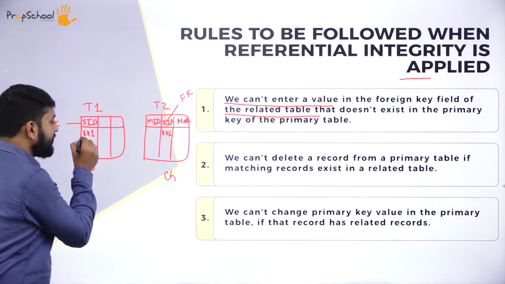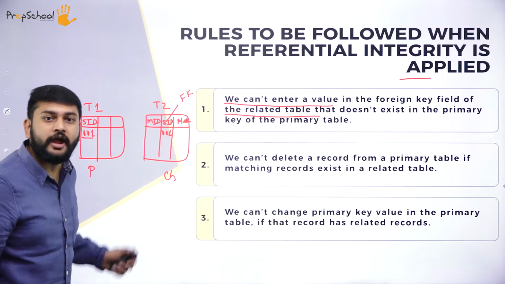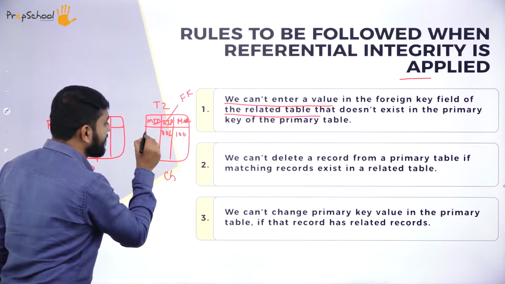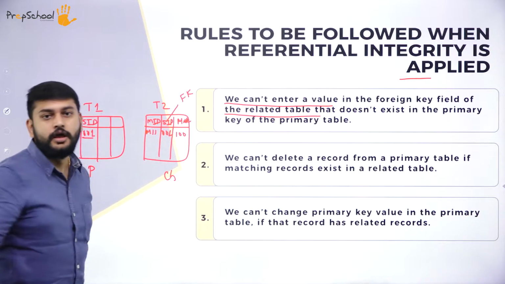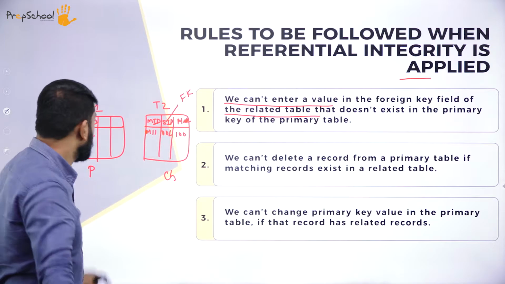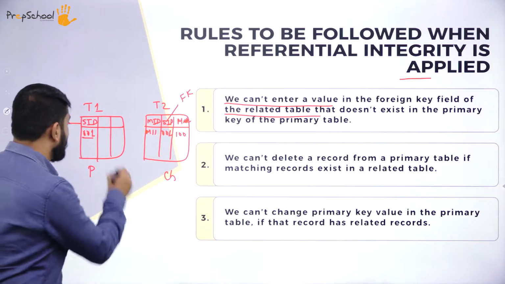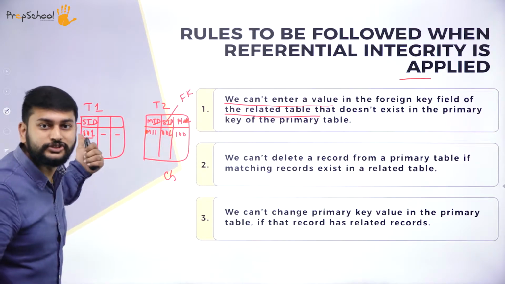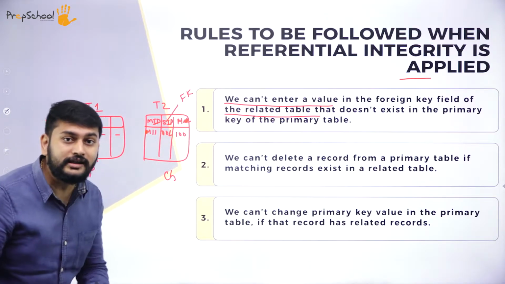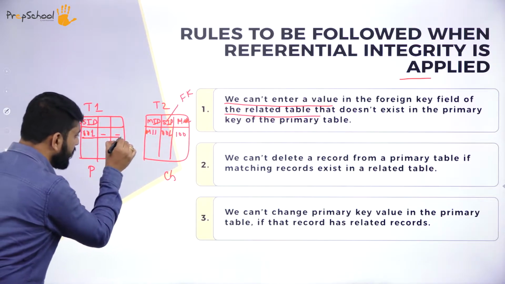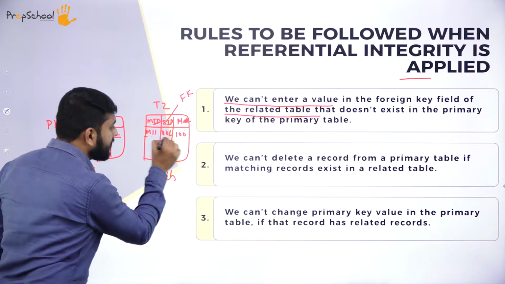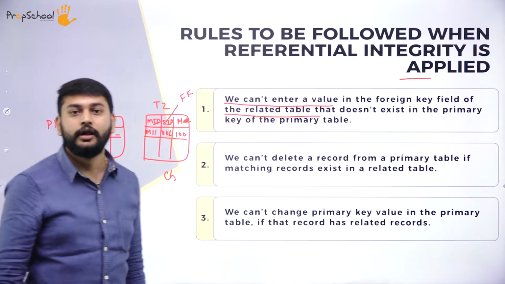Let's imagine M11 is a marks ID. So I have a student called 001 in my table and I have entered marks for this student also. I cannot delete this student information when I have the information in the related table.